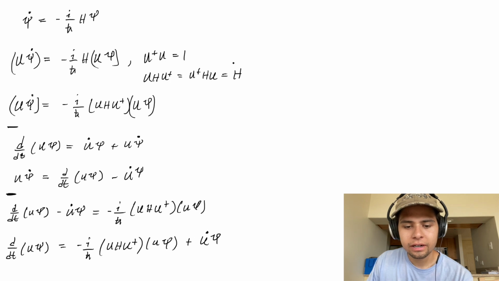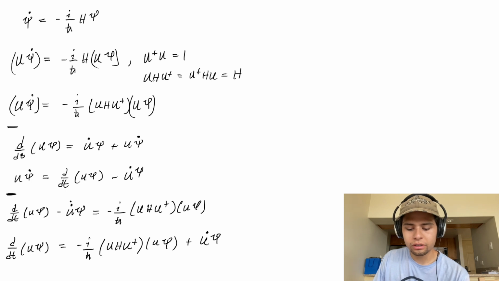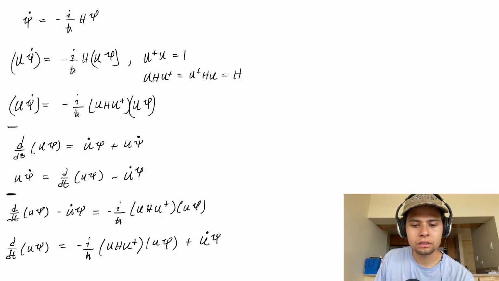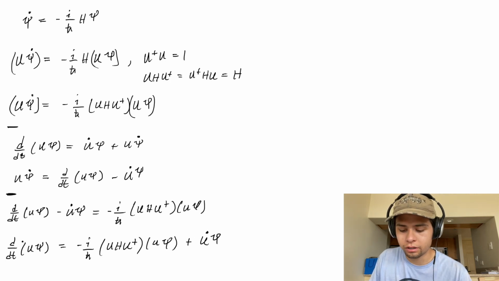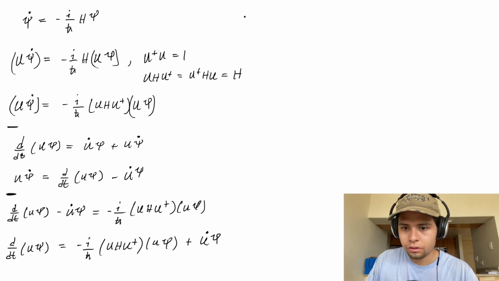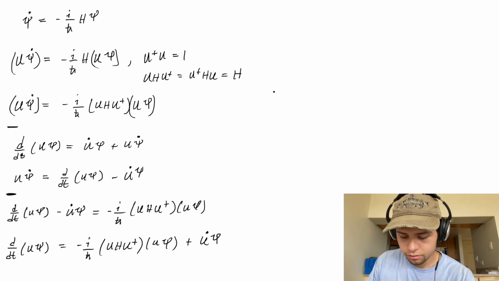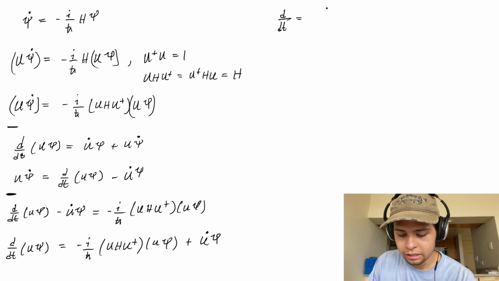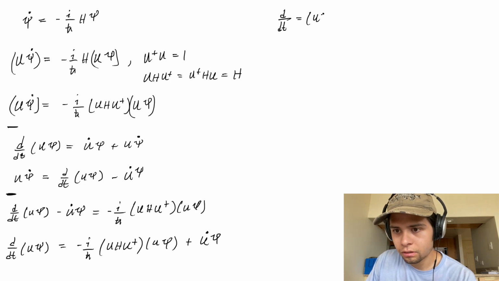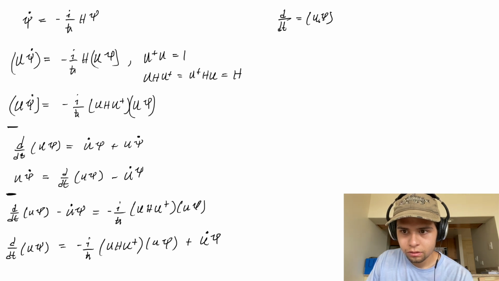Okay, so if you're getting lost here a little bit, all I'm really doing is, I want to figure out what the time derivative is. Since the time derivative is an operator, I want to know what it is in terms of the unitary operator, okay? This might be a little bit tricky to see here, but I'll try to explain my reasoning. Actually, wait, I wrote that wrong.